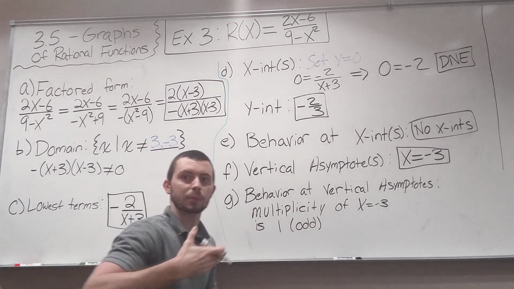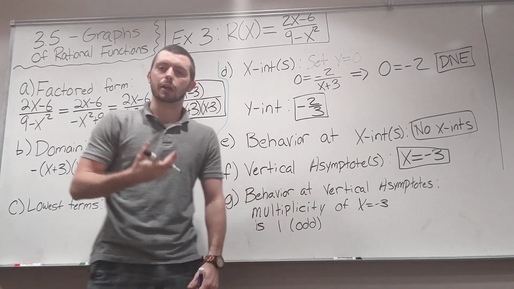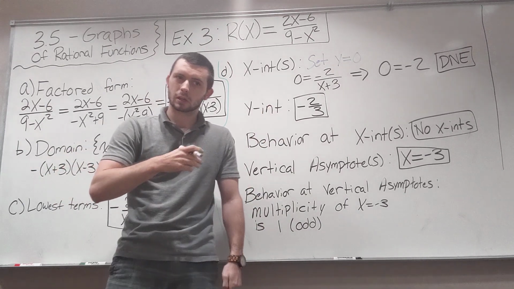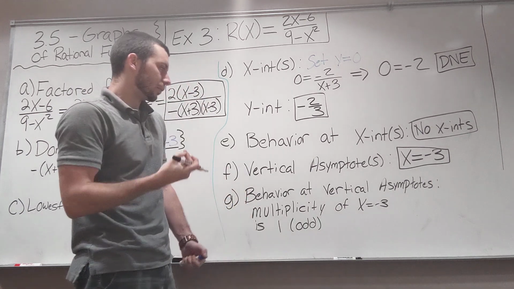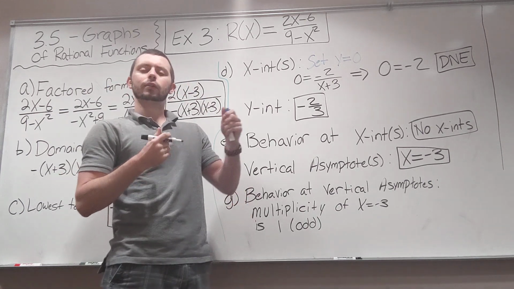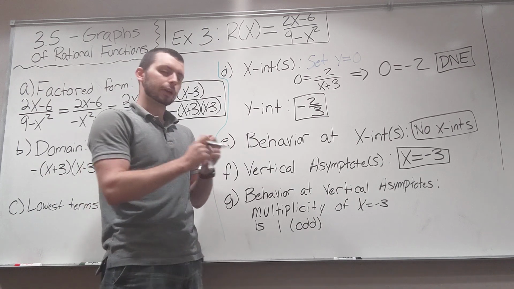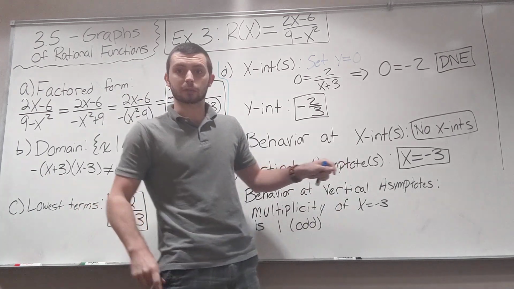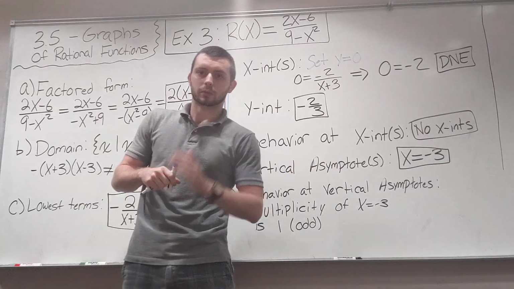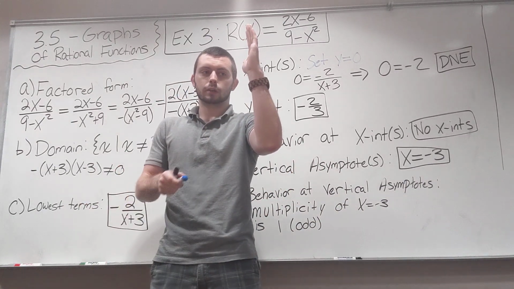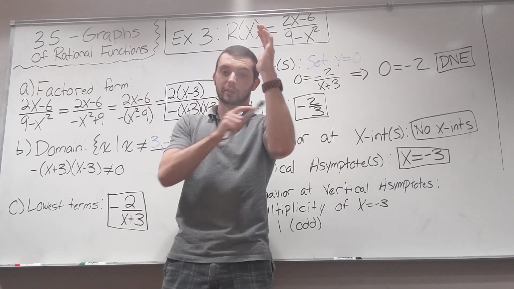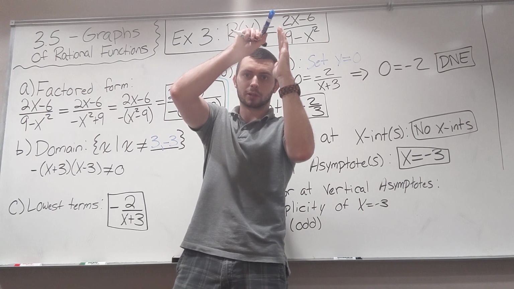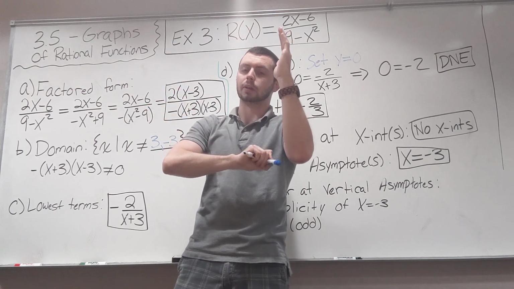But remember, this is happening at asymptotes, not at an x-intercept. So crossing and touching doesn't make as much sense in this regard. Instead, it's how do the infinities alternate? Because these are at vertical asymptotes. A vertical asymptote, so verticals up and down. So things just simply do not cross and touch vertical asymptotes. Instead, they go towards positive infinity, or they go towards negative infinity.